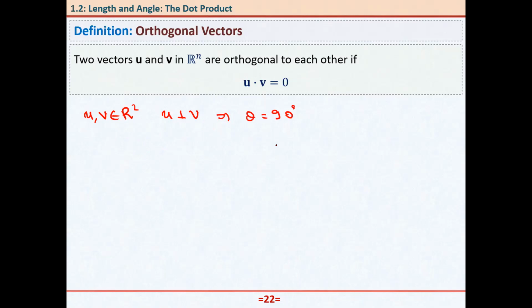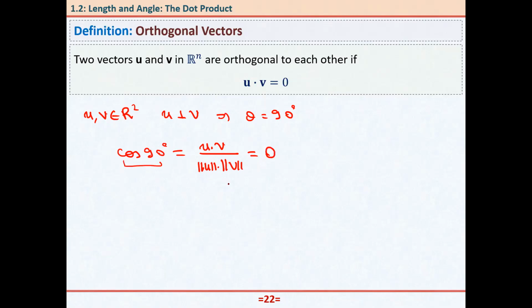So using the definition, cosine of 90, if these two vectors are orthogonal or perpendicular to each other, is equal to U dot V over the length of U times the length of V. And what is the value of cosine of 90?